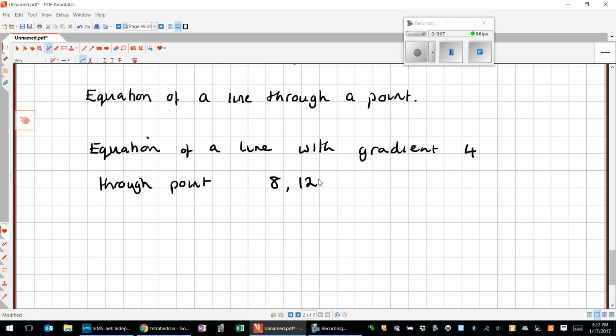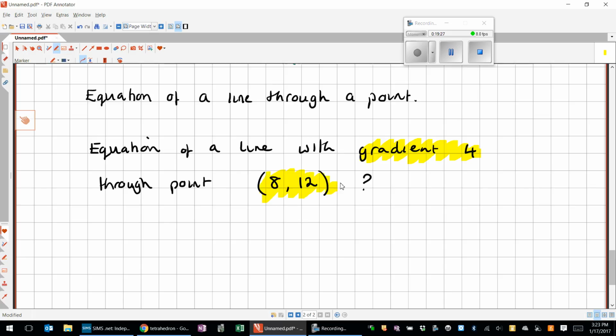Where's my blue pen? Okay. So what I'm saying is, I'm telling you that we have a line. It has a gradient of 4, and it goes through a point 8, 12. I just want to know the equation of that.